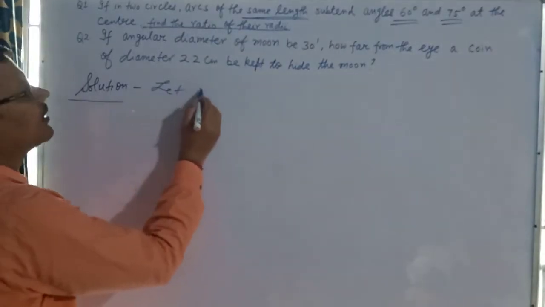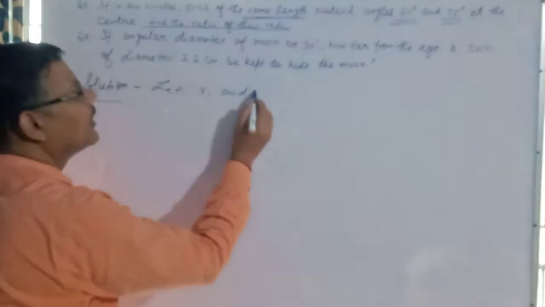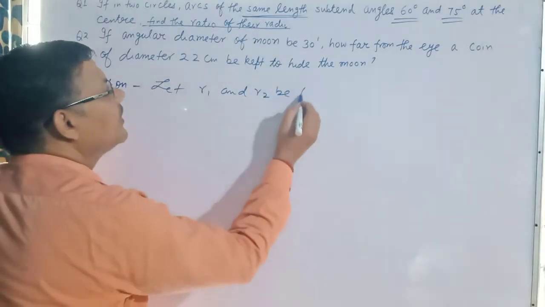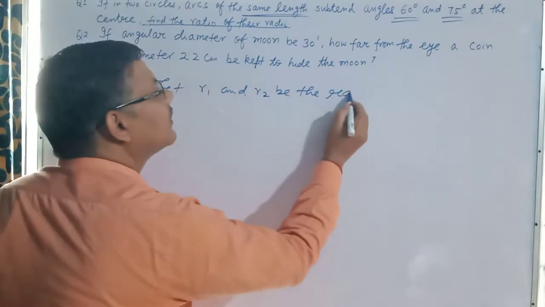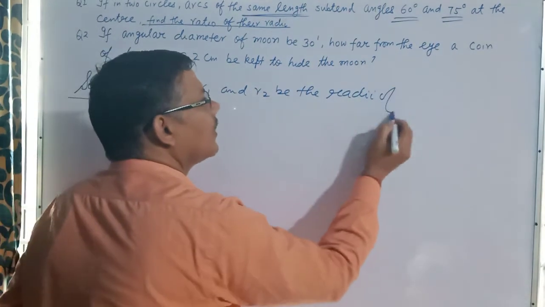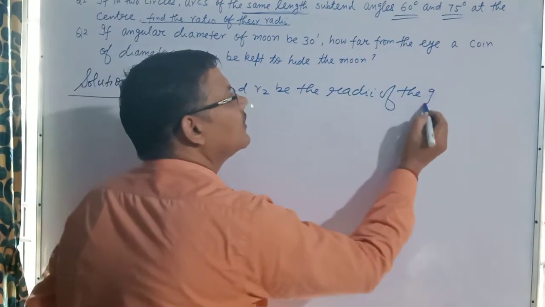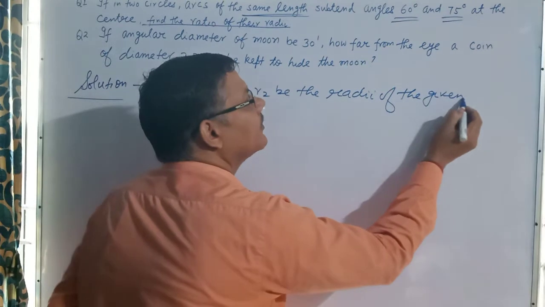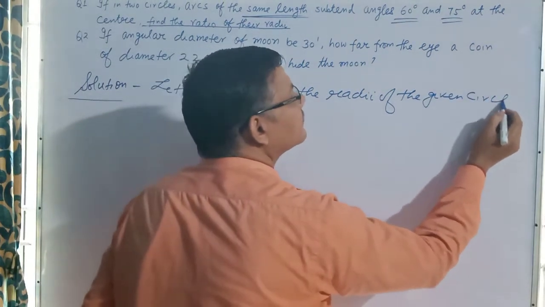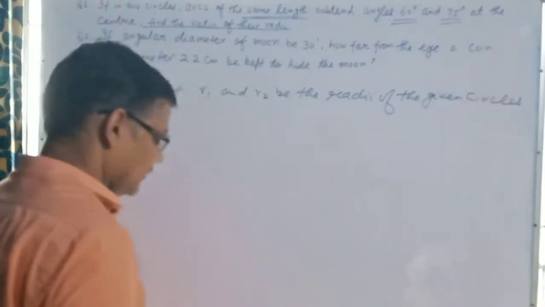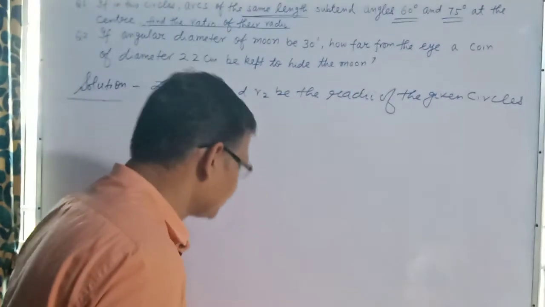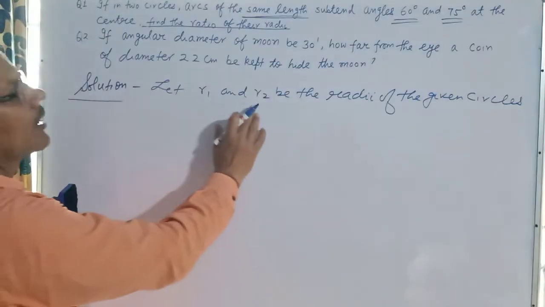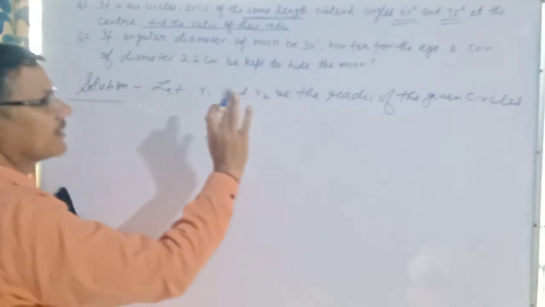We write, let R1 and R2 be the radii of the given circles. This we wish to get. So first we start with: let R1 and R2 be the radii of the given circles.